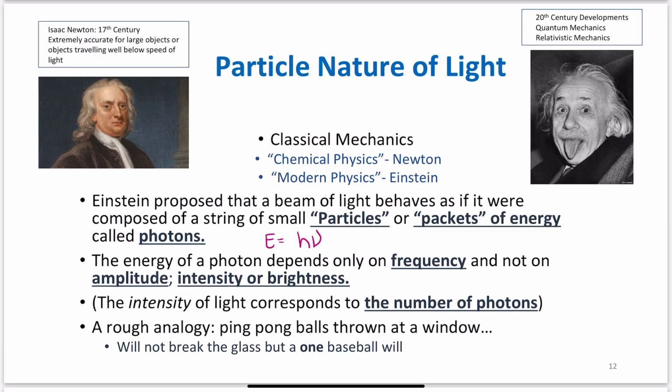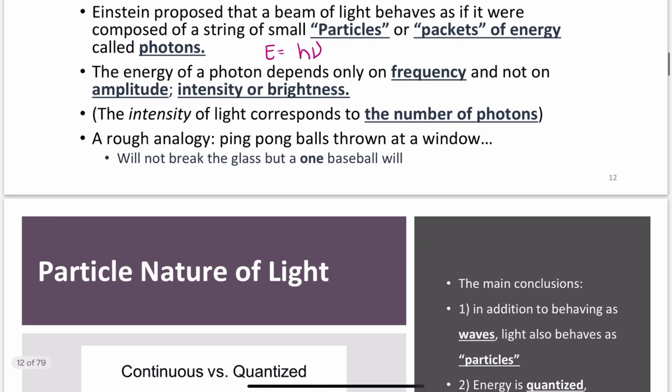The intensity of light corresponds to the number of photons. So if you have a really bright light, it's a lot more photons passing through, but it's not changing the frequency of those photons because they're coming from the same energy levels. An analogy is that a ping pong ball thrown at a window won't break the glass, but one baseball would.